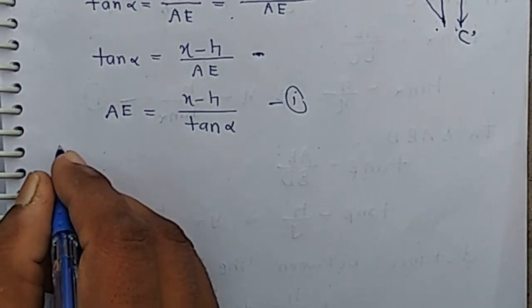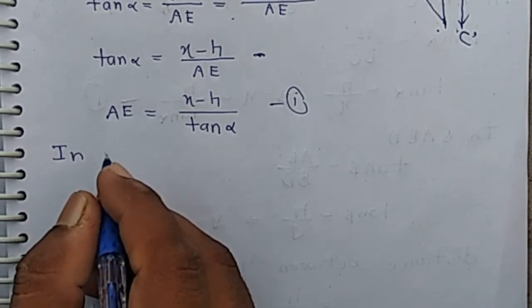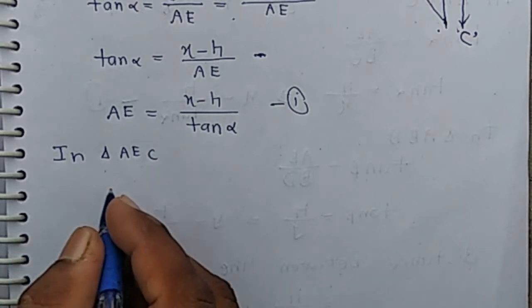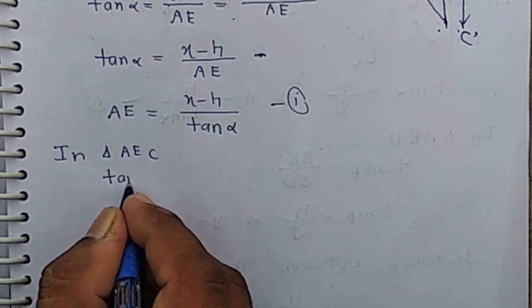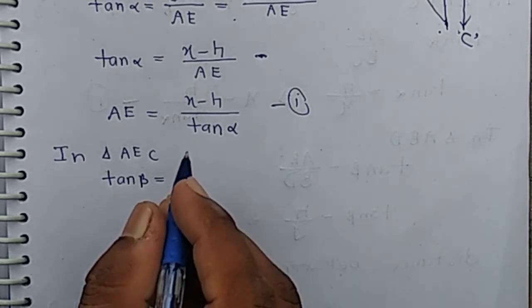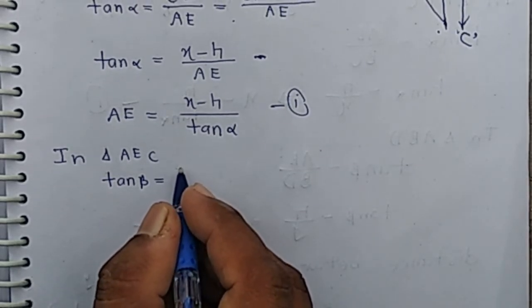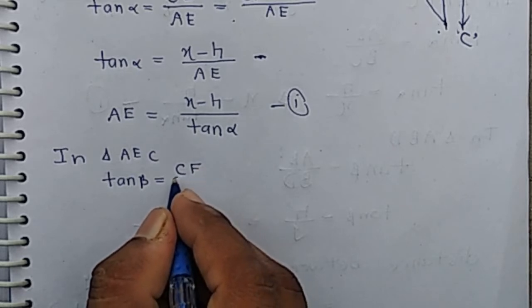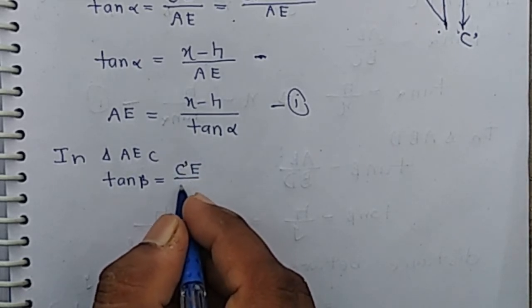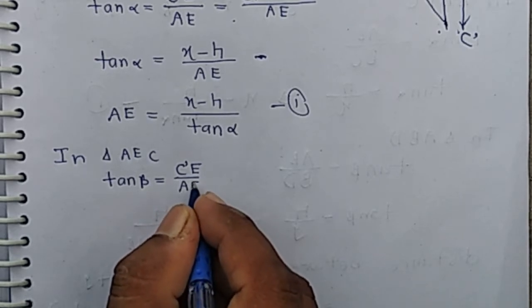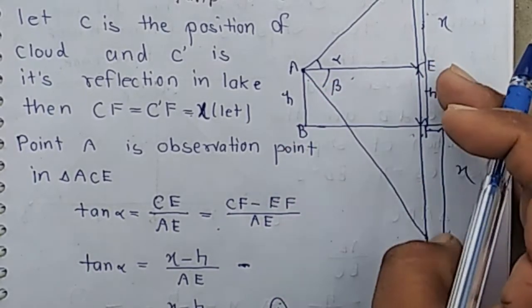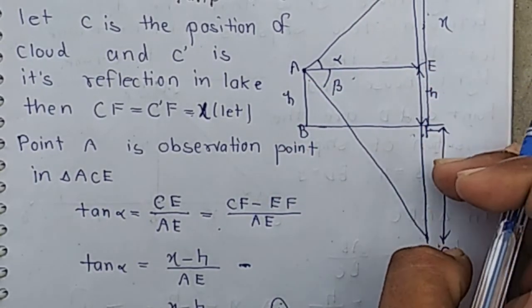Now in triangle AEC, tan beta is equal to perpendicular means C dash E by base. It is perpendicular C dash E by base. C dash E is the sum of EF and CF.